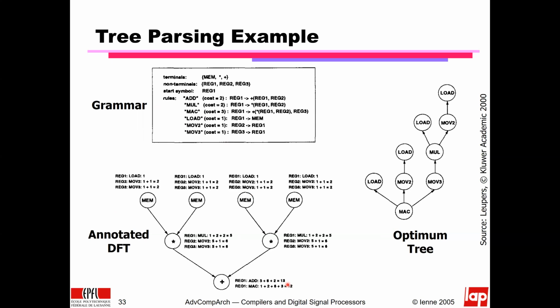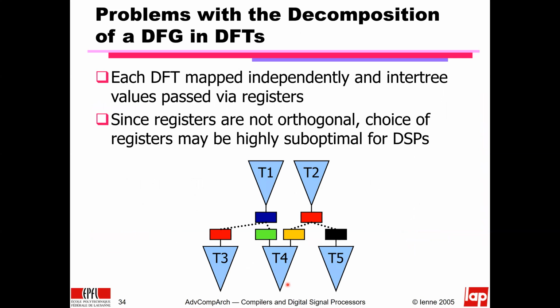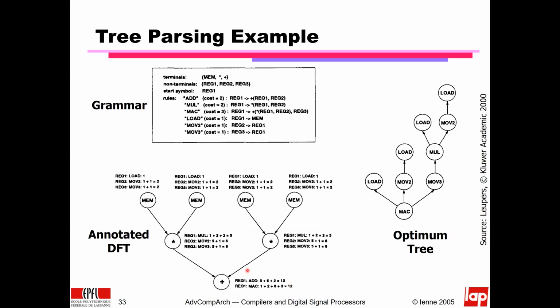But the point is that the problems don't stop here. You have now had to rewrite your problem of code selection to do essentially 2 things: code selection and register allocation. But now you cannot do register allocation anymore, because register allocation, hopefully is very clear here, is implicit in this.